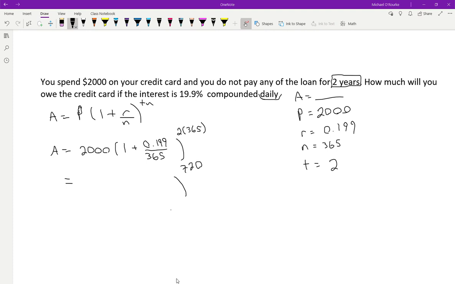So let's plug it in the calculator together then. So first thing I would do, 0.199 divided by 365. And you're going to get that number, which looks scary, but don't worry about it.